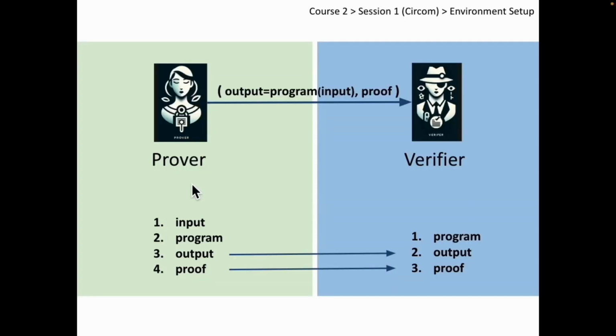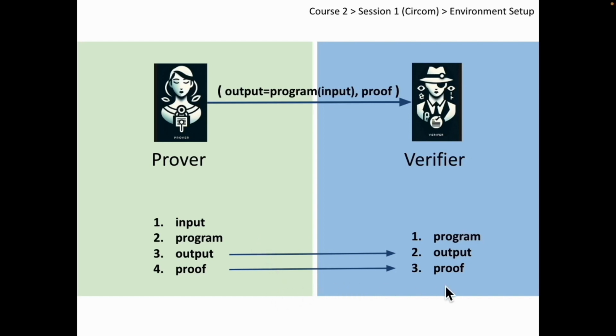As a quick review from our first course, zero-knowledge proof is a protocol between two parties, the prover and the verifier. The prover needs to show that she has specific knowledge without revealing the details. She starts with secret data, known as the input. After running a program, she generates both an output and a proof.